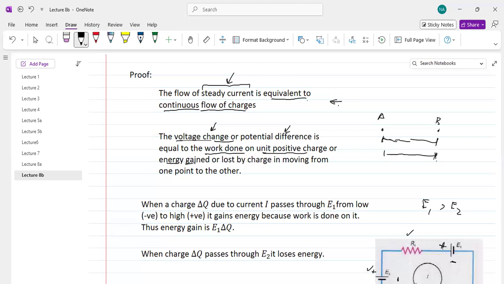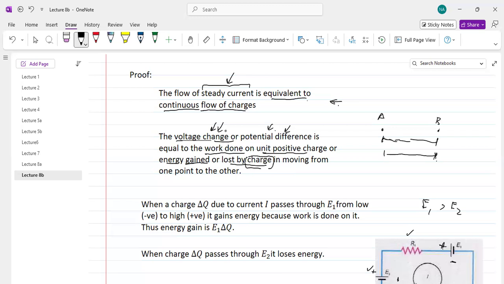The second concept associated with it is that the voltage change or potential difference between 2 points is also equal to the energy gained or lost by the charge. When a charge moves between these 2 points, the energy gained or lost by the charge is also equal to the potential difference or voltage change.